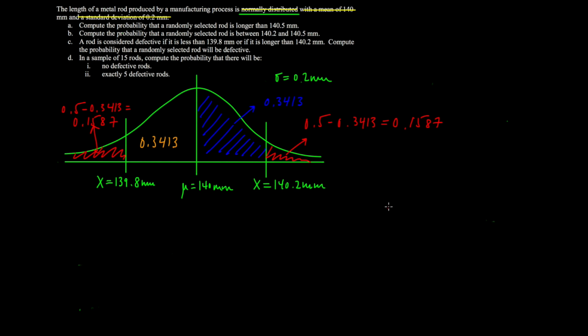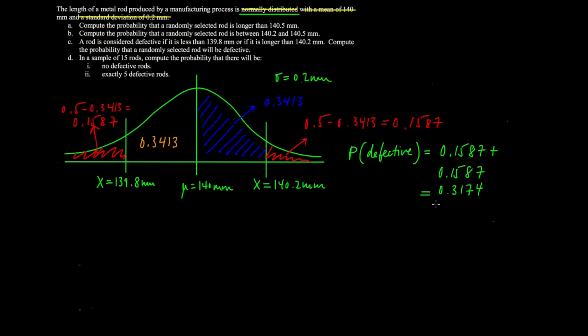And so the probability of a rod being defective is going to be this and this, so we're going to add them up. So the probability of a rod being defective is going to equal 0.1587 plus 0.1587, and this is going to equal 0.3174.